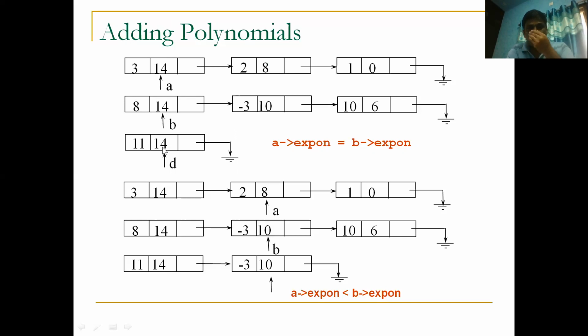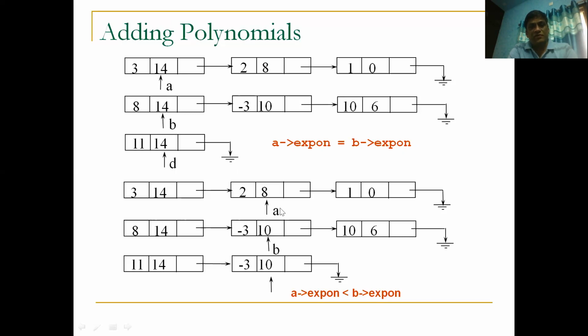Okay, so 3x power 14 plus 8x power 14 is going to be 11x power 14. So we add that sum into the new node, and the exponent will be as it is. Okay, and this is the new node we construct, and we continue the remaining process of adding the polynomials. So this is case 1.